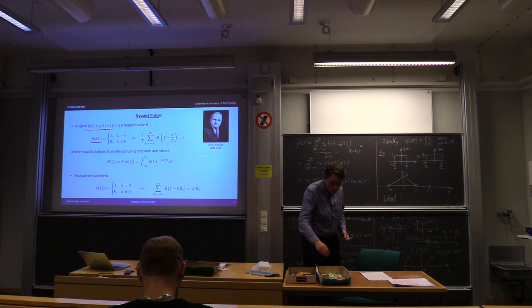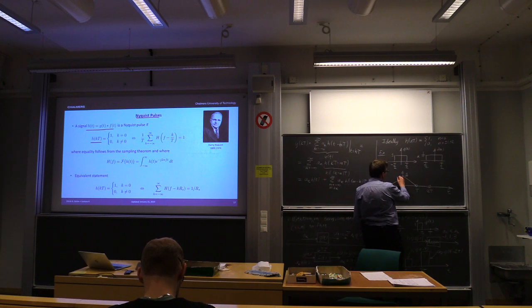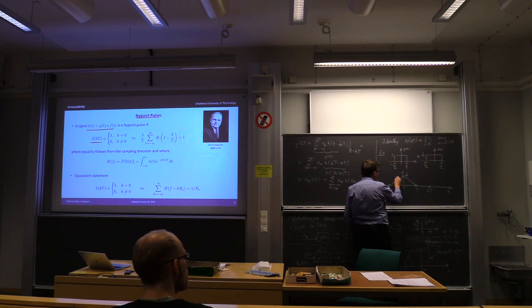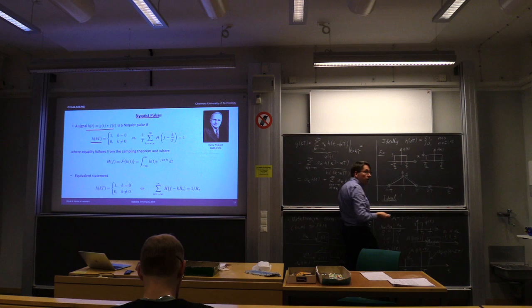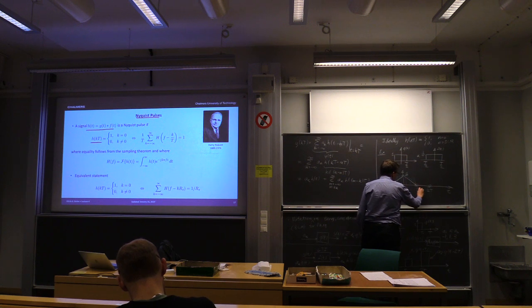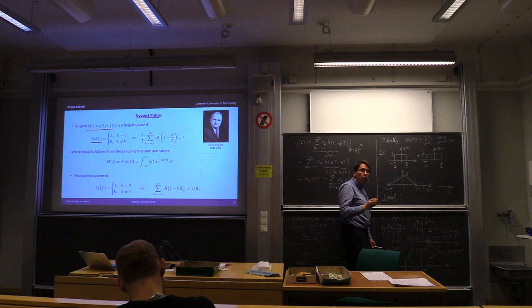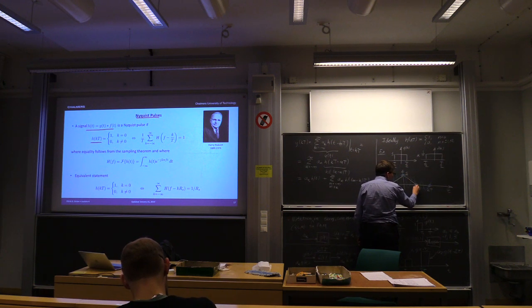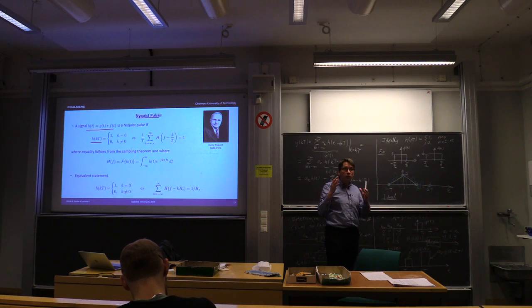There are other Nyquist pulses, of course. I mean, any pulse I can draw that has the correct zero crossings. Now I draw a little bit different. This is also a Nyquist pulse, or this is also a Nyquist pulse. Okay. So the only thing that we say is it has to go through 1 here, 0 here, 0 here, 0 here, and so forth, right? So that's a Nyquist pulse.